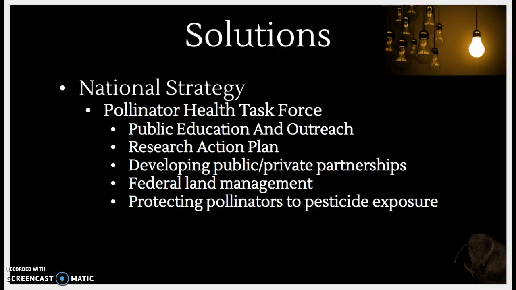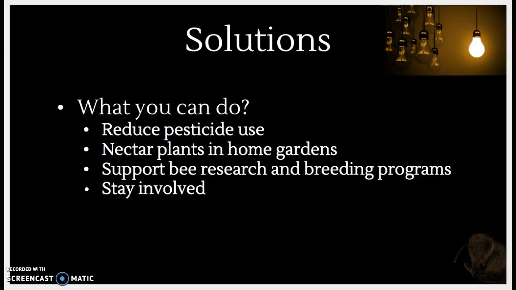The initiative includes pollinator public education and outreach, a research action plan, developing public and private partnerships, implementing federal land management, and protecting pollinators from being exposed to pesticides.